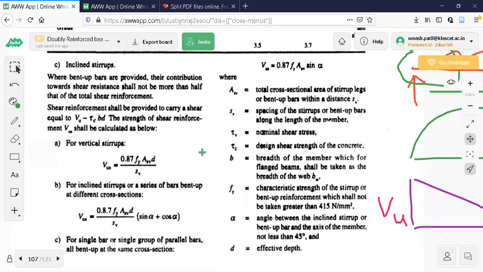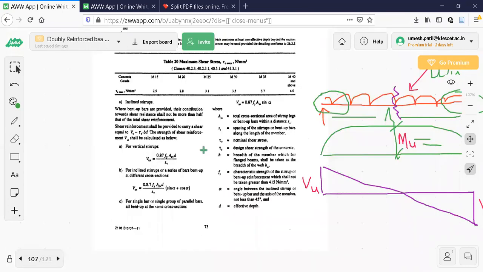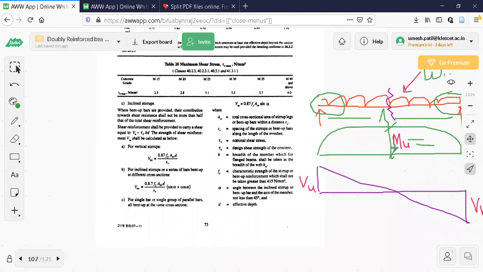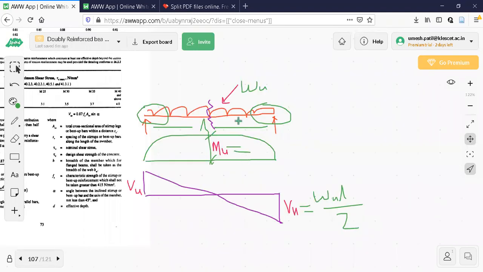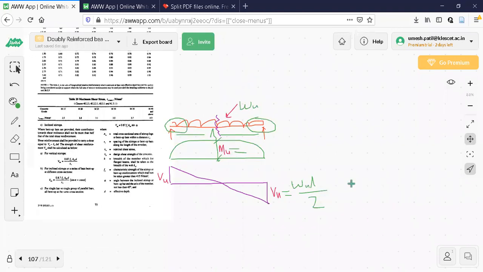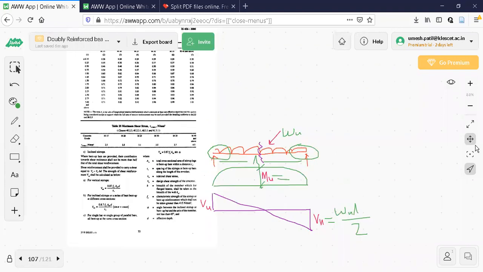All three names are one and the same. I'll solve one problem also in today's class after explaining all this.